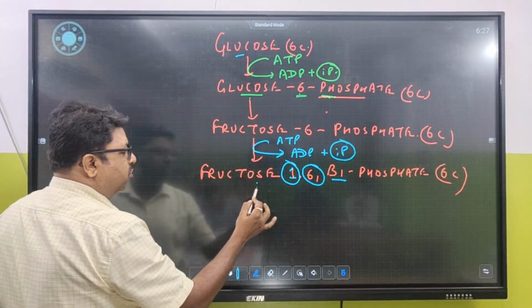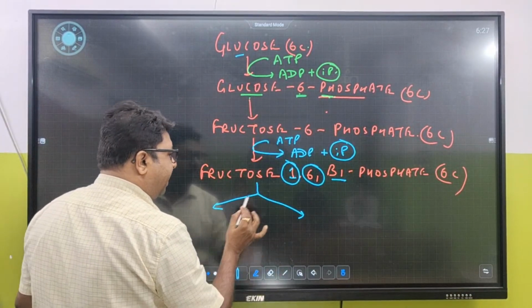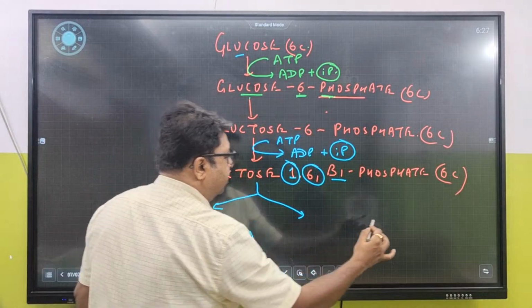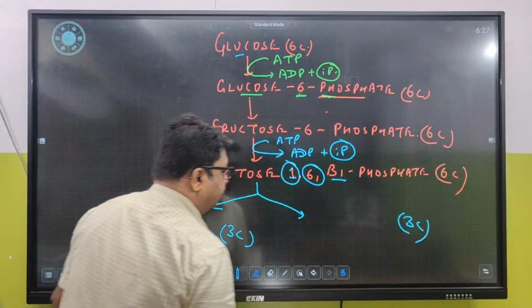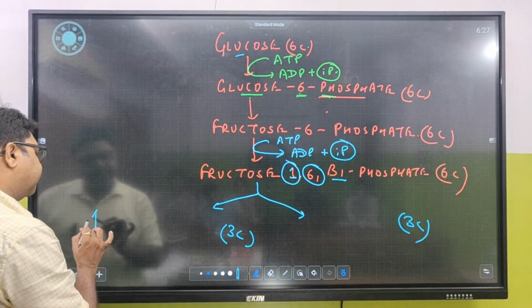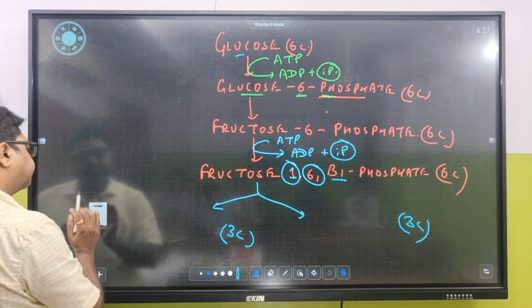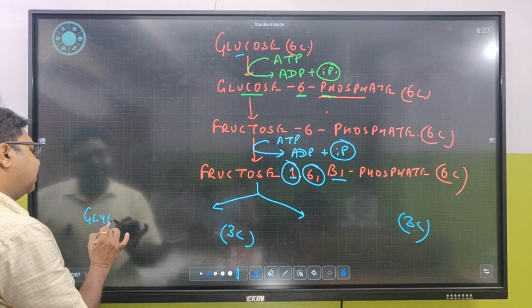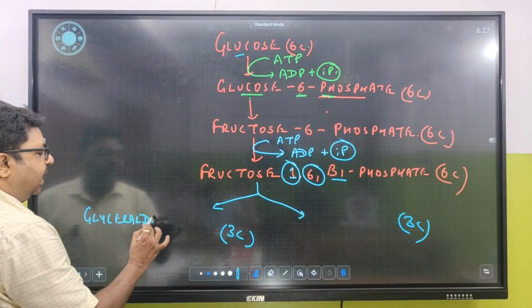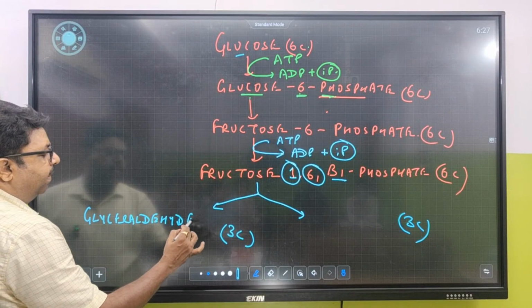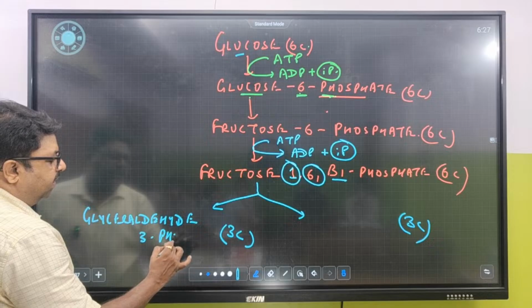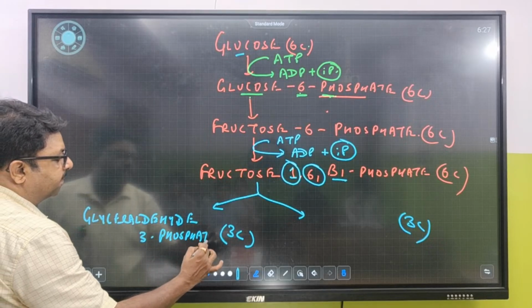What is going to happen after fructose 1,6 biphosphate? It breaks down into 3 carbon sugar, 3 carbon compounds. One is glyceraldehyde 3-phosphate.